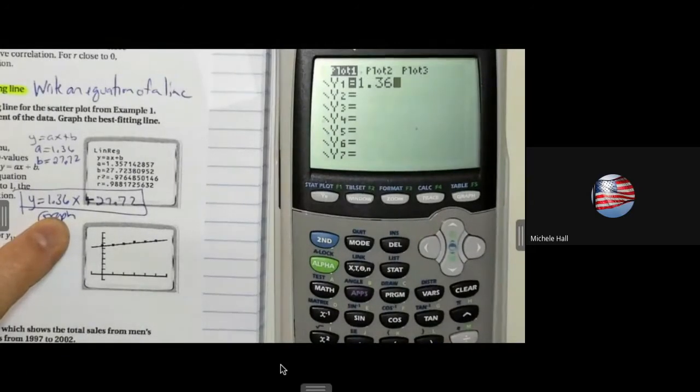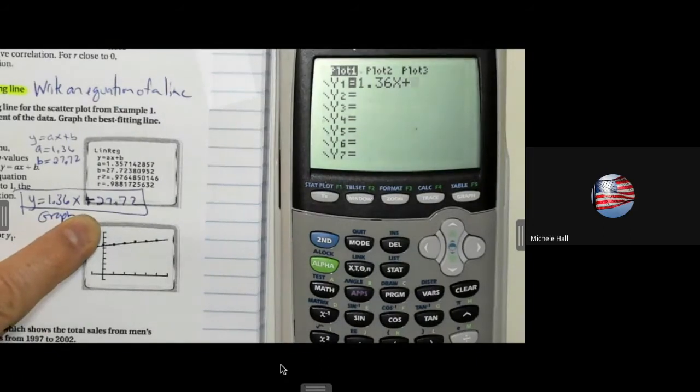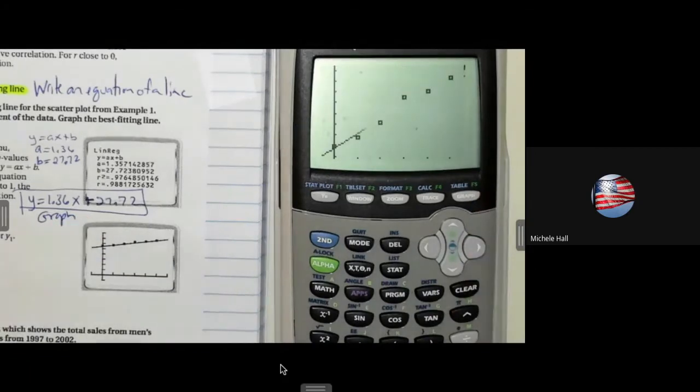Here's your variable button. 1.36x plus 27.72. And then we're going to hit graph. There's the best fit line through that data.